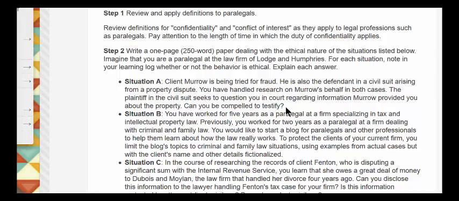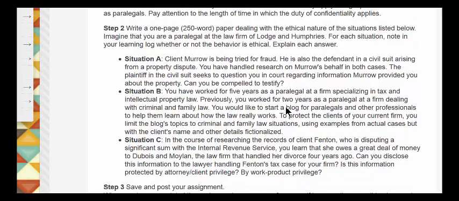I cannot be compelled to testify. This isn't the answer. I haven't looked it up. I cannot be compelled to testify in California, but I may be compelled to testify if I were a paralegal in Texas. And that would be a very interesting answer. All right, but I'm not asking you to do more work. It's just that this class is really an opportunity for you to explore, really without penalty, your many legal issues.